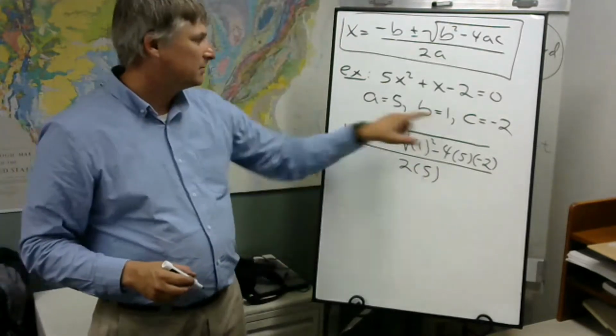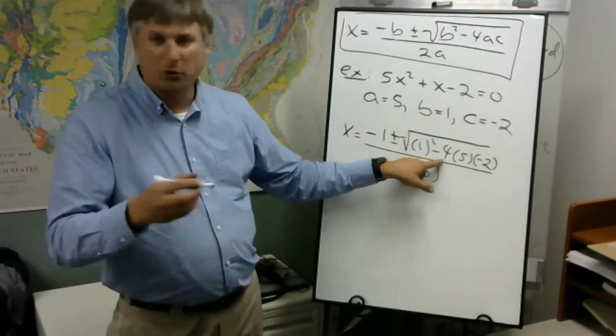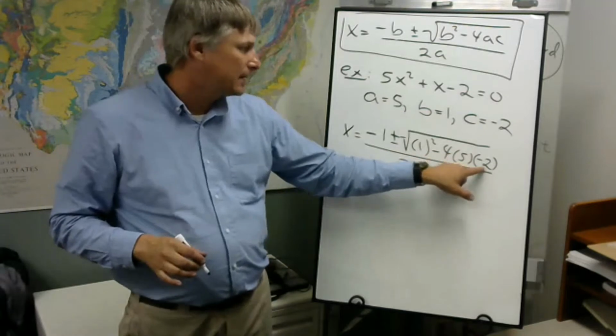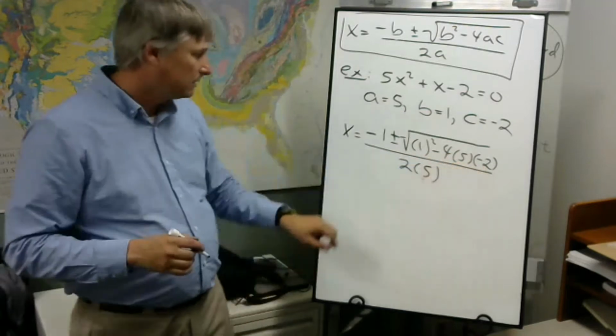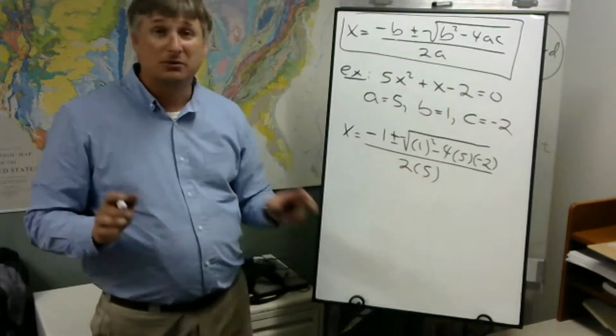So -b, b is 1. B is 1, so b squared. 4 is always going to be there. That will always be there. Times a, which is 5, times c, which is -2. And then we have the 2, which will always be there, times a, which is 5.